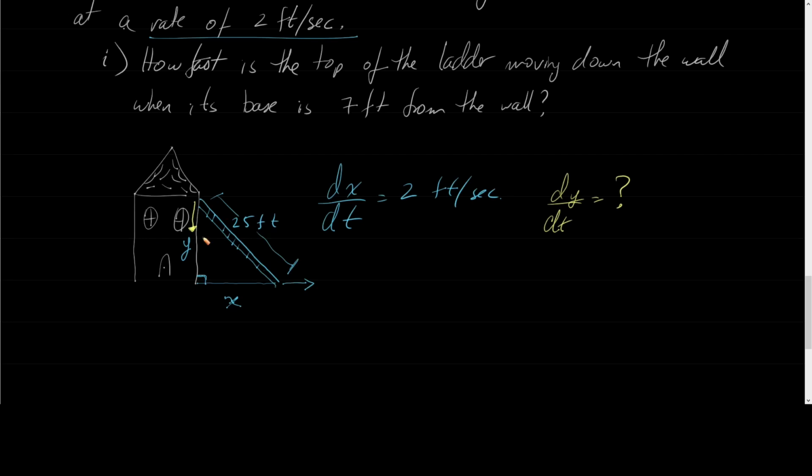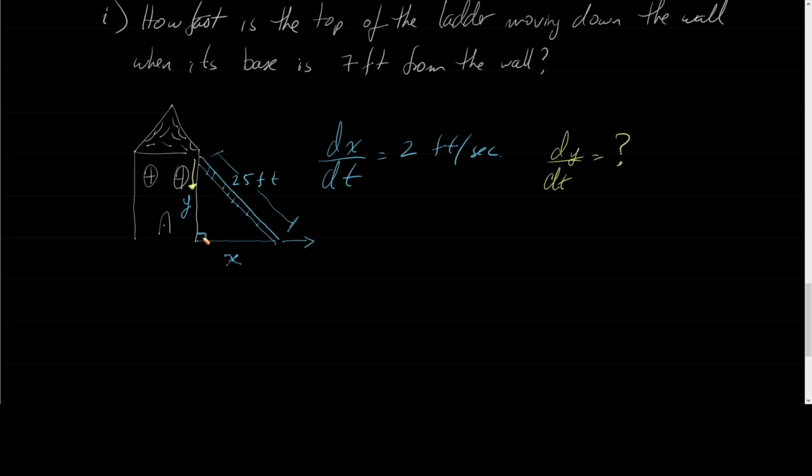And we've got a right triangle in there. One thing that you should think about anytime you think about a right triangle is the Pythagorean theorem. So the way we're going to relate these sides is using the Pythagorean theorem, which in this case would be x squared plus y squared. Hold on, let me write that in white. x squared plus y squared is equal to 25 squared, right? a squared plus b squared equals c squared. So that's the Pythagorean theorem for this triangle.